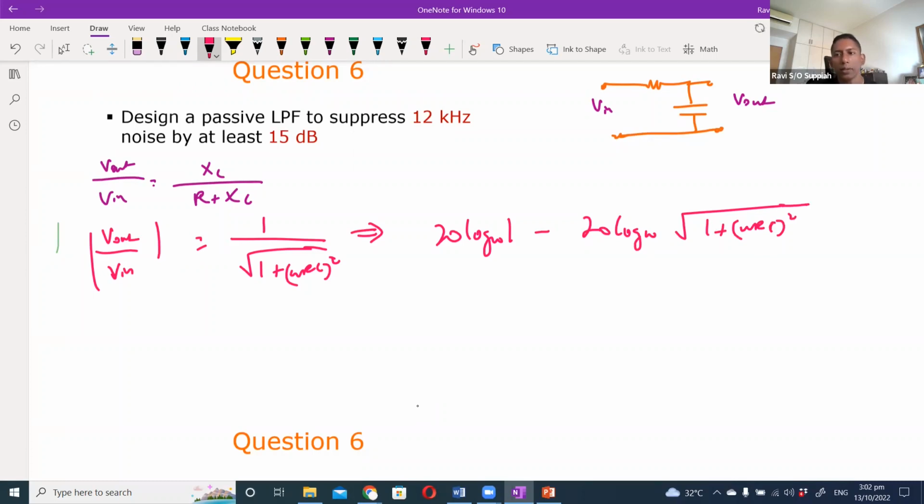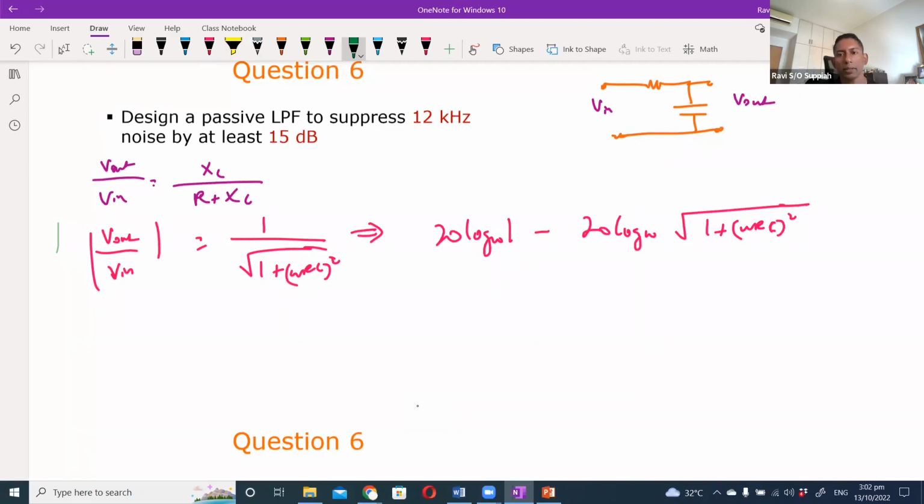Because this is a passive filter, there is no additional amplification in the passband. It is as it is. Then you make a reduction based on the omega value here.